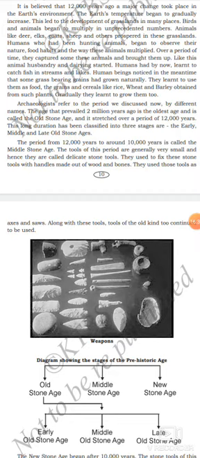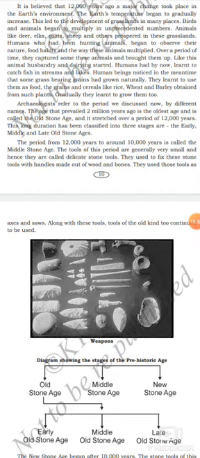Listen. Archaeologists refer to the period we discussed now by different names. The age that prevailed 2 million years ago is the oldest age and is called the Old Stone Age. Got it, dear students?